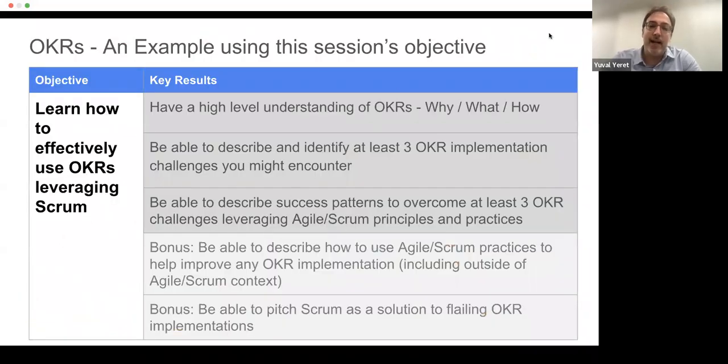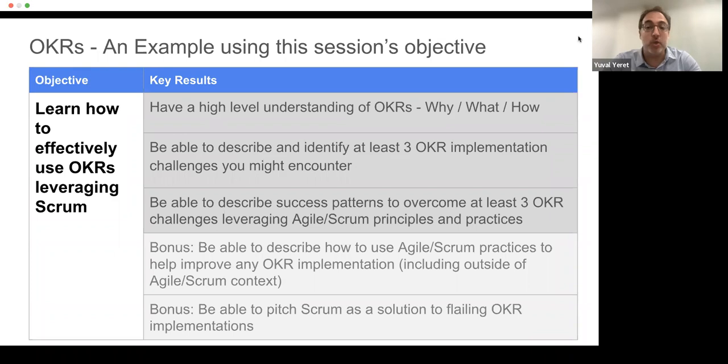So very high level, what we're going to cover today using an OKR format: the objective is learn how to effectively use OKRs, leveraging some Scrum and Agile thinking and theory.